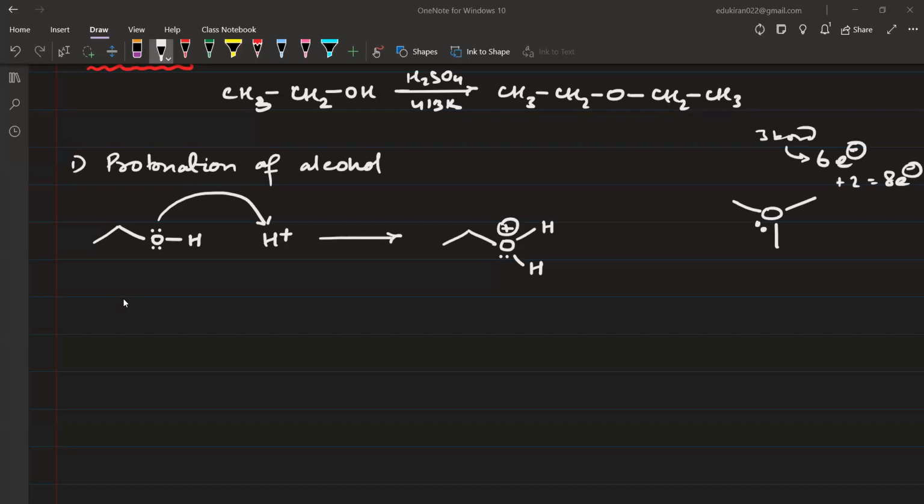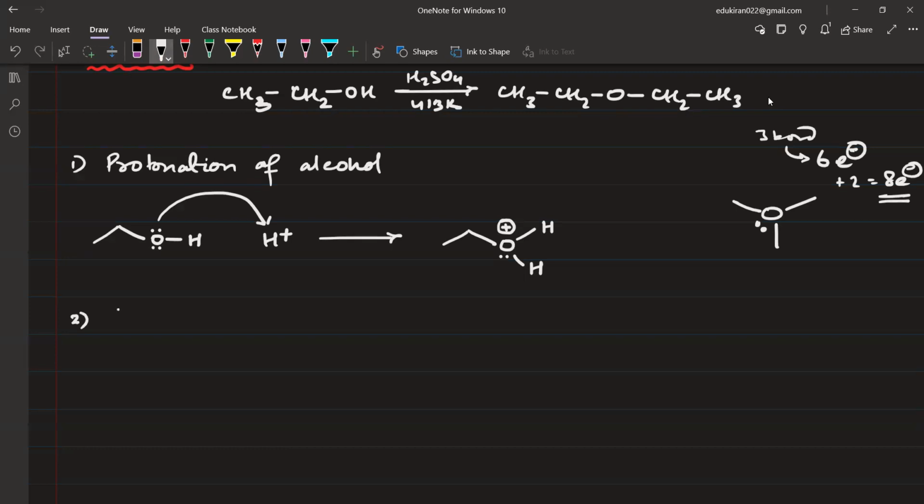Even though positive charge is present on the oxygen atom, please, this is very important, it is not electron deficient. It already has 8 electrons. You cannot attack the oxygen atom to make a bond or do something. It is already having 8 electrons, but it has gained a formal charge. That is just formal. It is not a pure charge that is present. Please see next, protonation of alcohol.